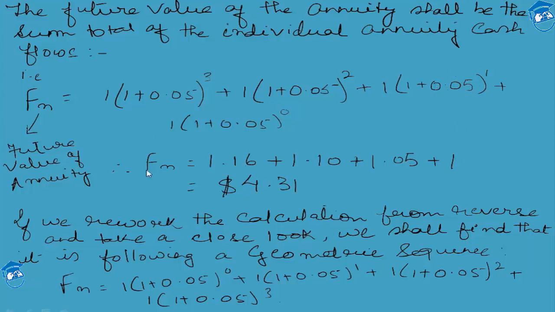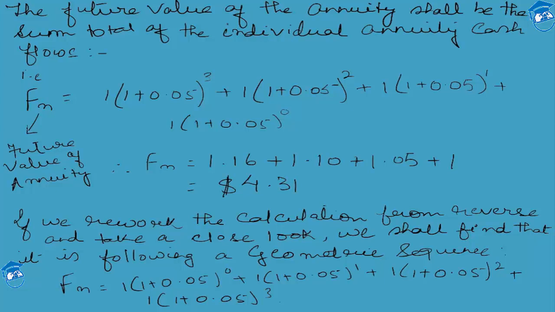So the future value is 1 multiplied by 1.05 to the power of 3, that is 1.16, plus 1 multiplied by 1.05 to the power of 2, that is 1.110, plus for the third year 1 multiplied by 1.05 to the power of 1, that is 1.05, and last but not the least 1 multiplied by 1 plus 0.05 to the power of 0 is equal to 1. Therefore, the future value turns out to be the summation of all the 4, that is 4.31.